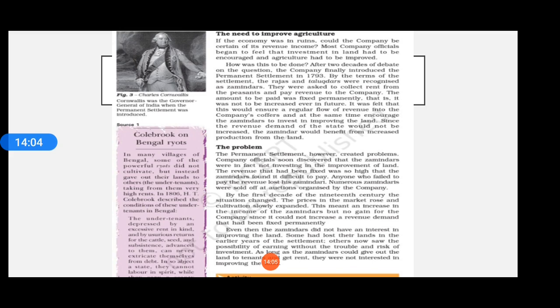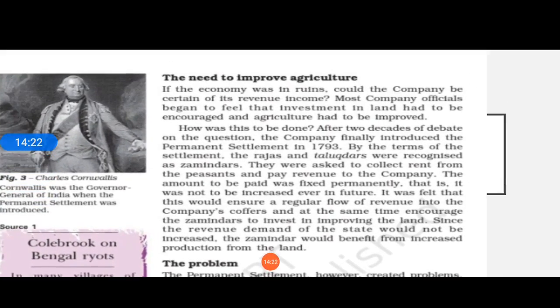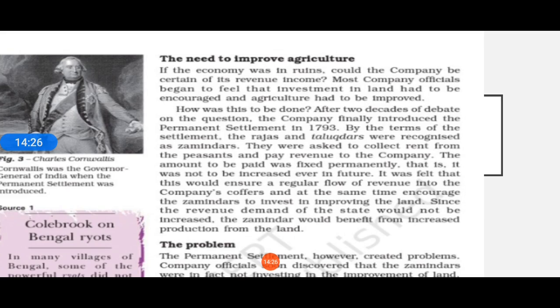And the Mehalwari system accounted for 30% of the company's territories, covering the United Provinces, that is a large part of modern Uttar Pradesh and Punjab, and also the central part of India. So these three systems of land revenue settlement were introduced by the Britishers.